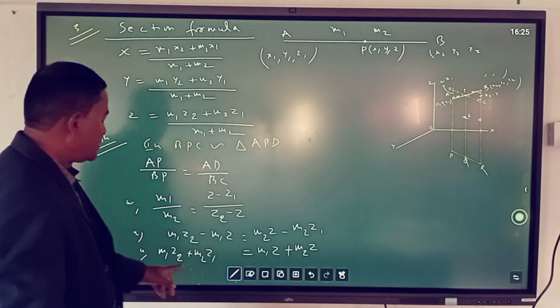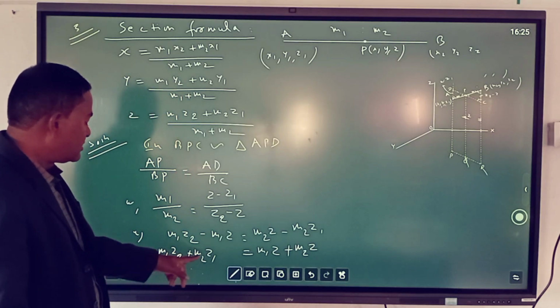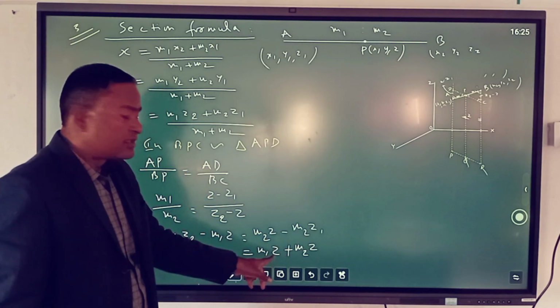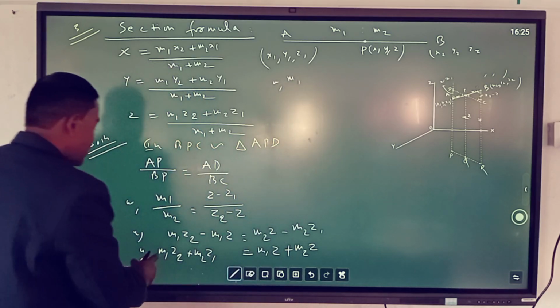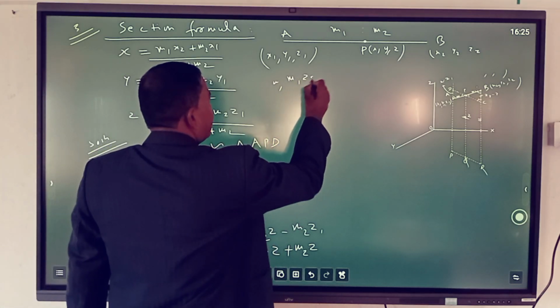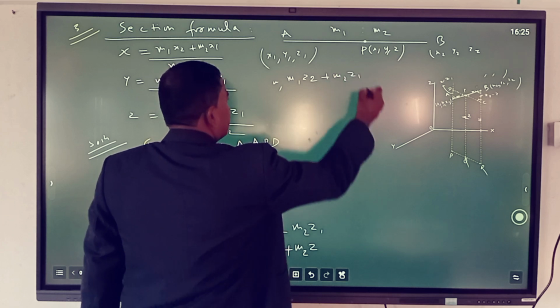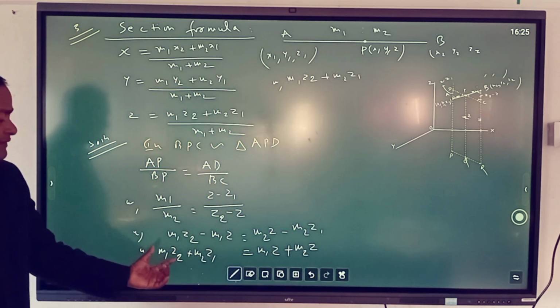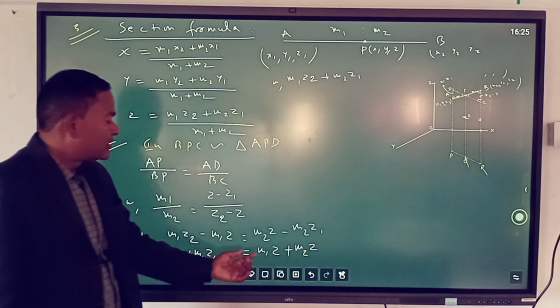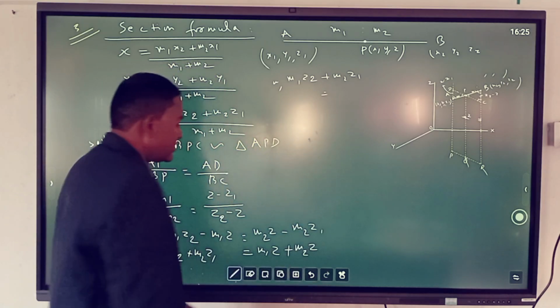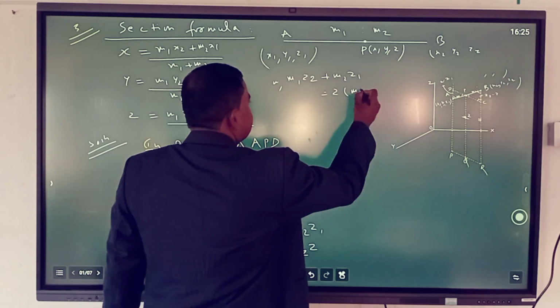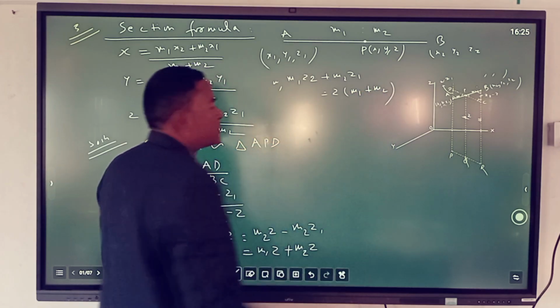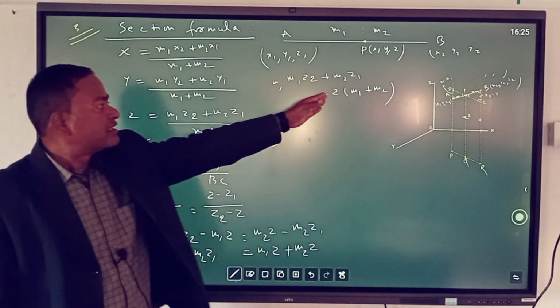So dear student, now if we take z common from the right hand side, keeping m₁z₂ plus m₂z₁, keeping the terms of the left hand side as it is, and taking z common from the right hand side. So dear student, now we get the value of z.